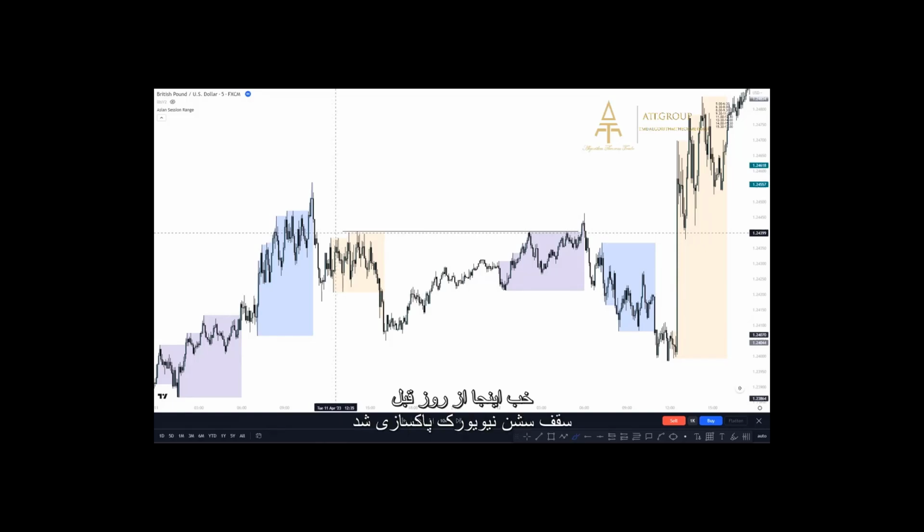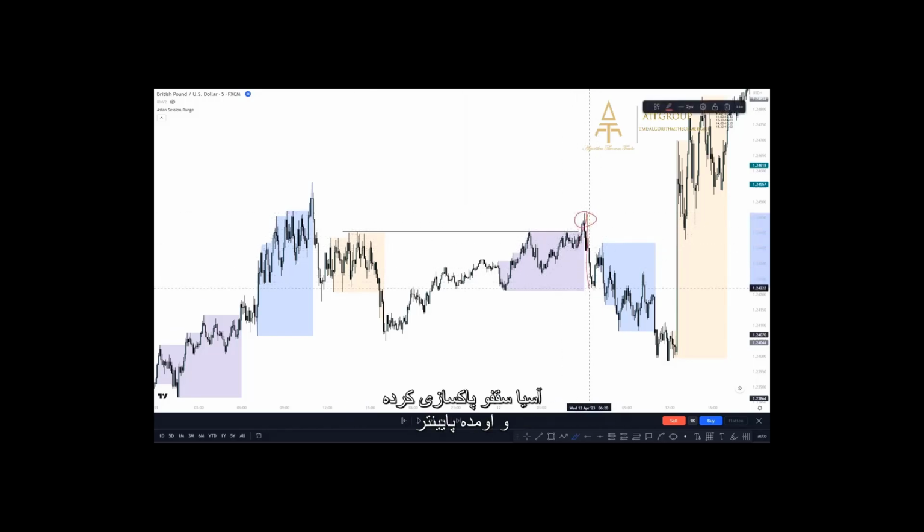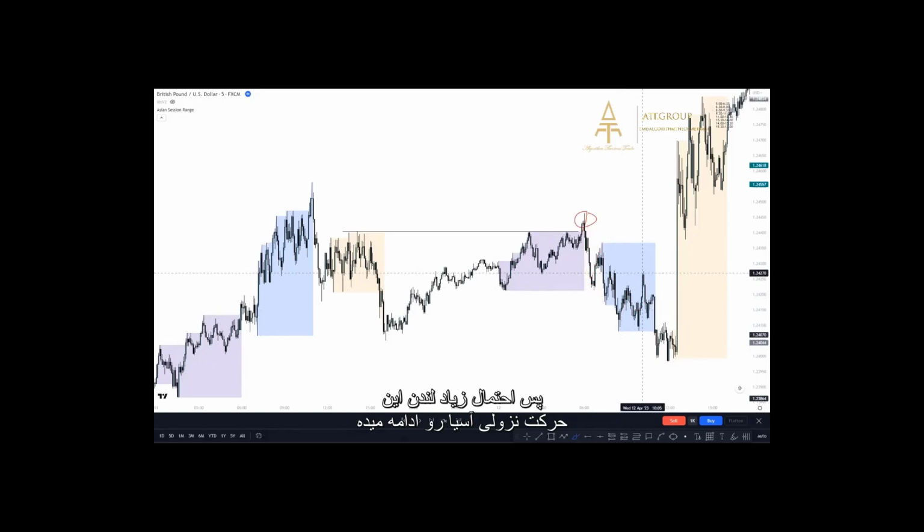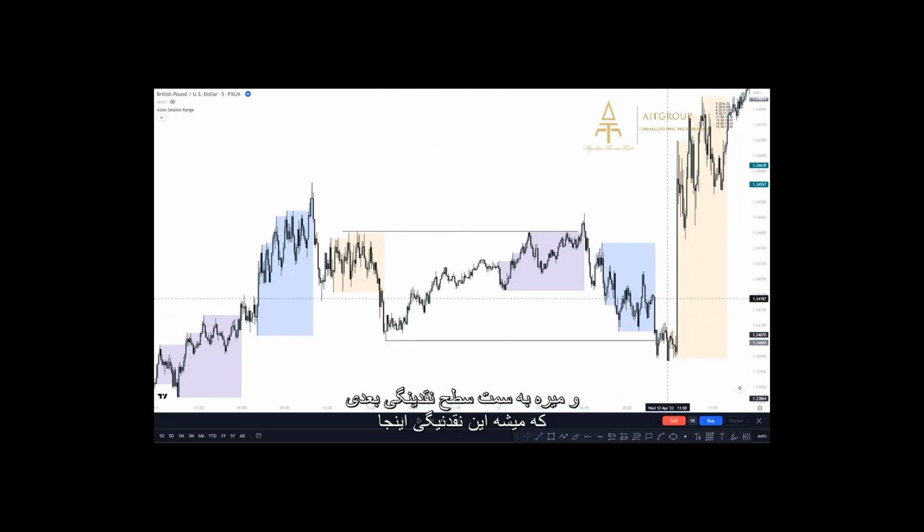So we swept New York high from previous day, so this could be our reversal point. Asia swept the high, continued lower, so London will most likely continue the Asia move to the downside, and it goes for the next liquidity point, which would be this liquidity right here.